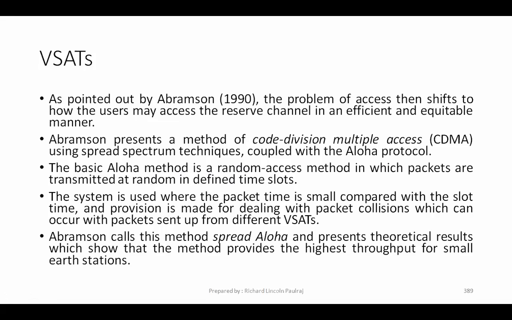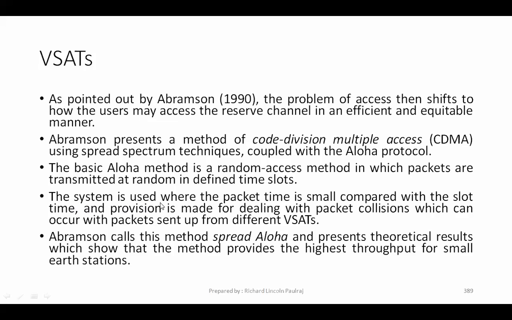All the information is converted into packets, and these packets are thrown at random based on the time slots. It's an interesting algorithm actually, which you can look into.